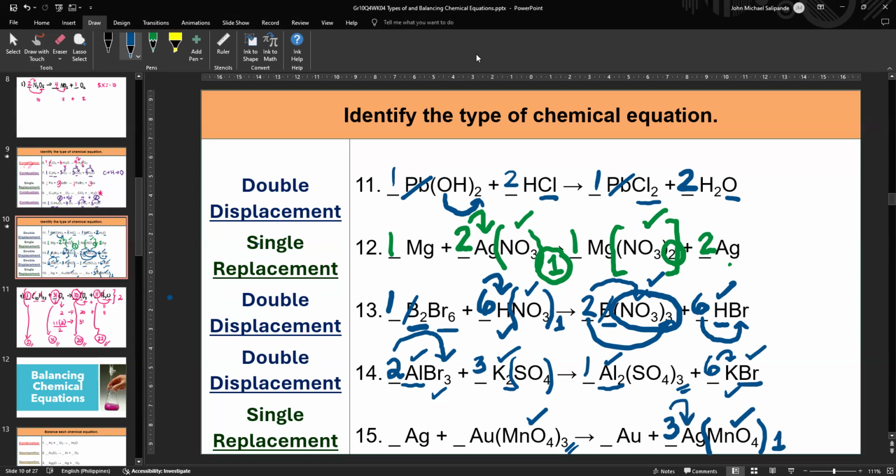However, on the left, there is only 1 silver atom. That's why we have to multiply Ag by 3. And because gold is not affected, the remaining coefficients will be simply 1. That's why the coefficients for number 15 are 3, 1, 1, and 3.